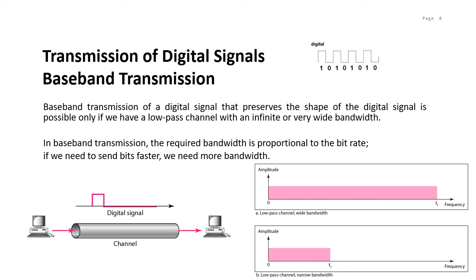Baseband transmission of a digital signal preserves the shape of the digital signal only if we have a low pass channel with an infinite or a very wide bandwidth. In baseband transmission, the required bandwidth is proportional to the bit rate. If we need to send bits faster, then we would need more bandwidth.